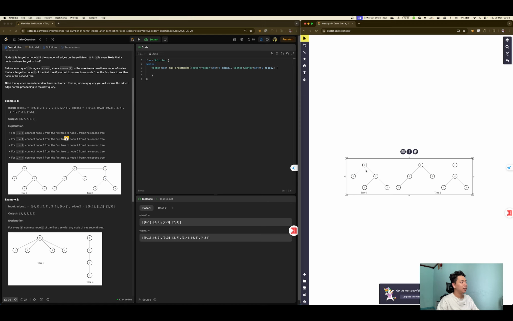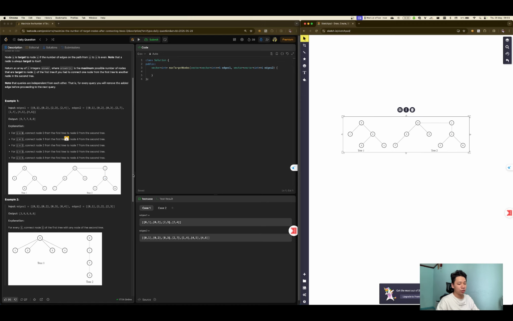That's the main idea, but the limit is too large, so we cannot do the brute force solution, which is n squared. The time limit is tight, so we need to find a solution that only works in linear time.